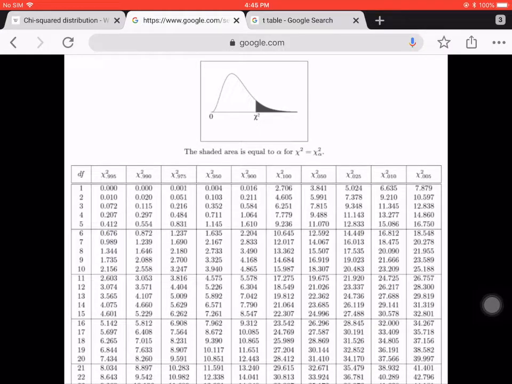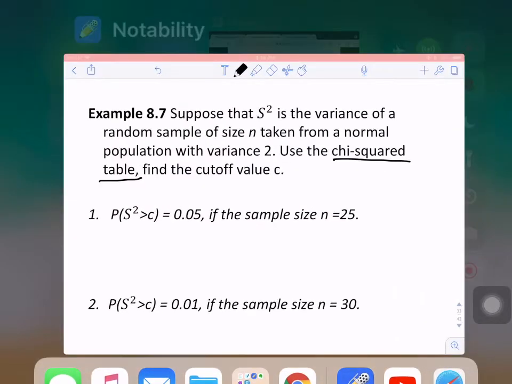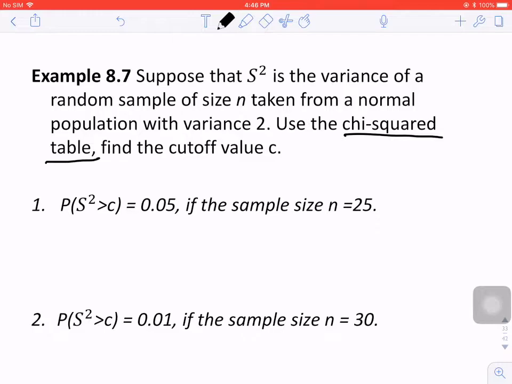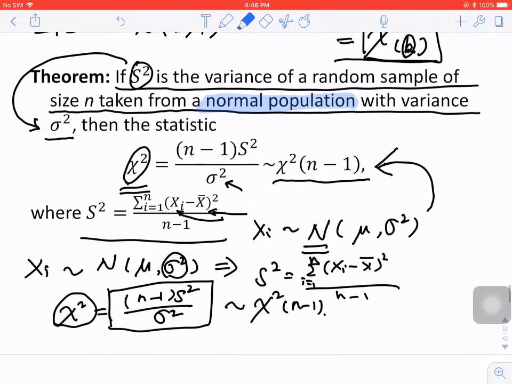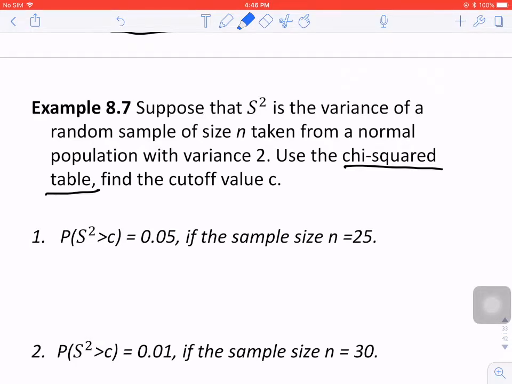In this graph, it's just the chi-square. I will use this example to show you how to read this table. First, like we said before, you have to make sure that your original distribution is normal.